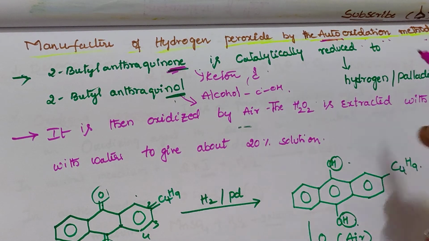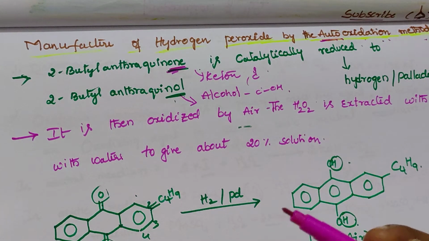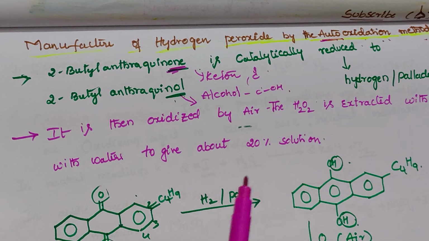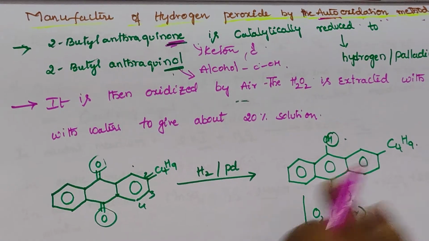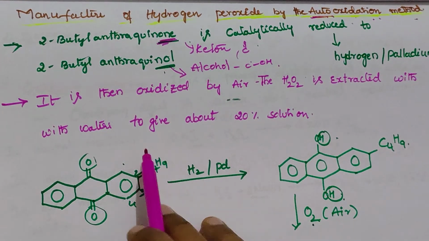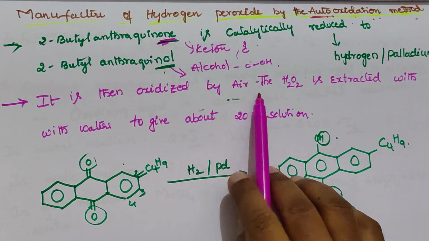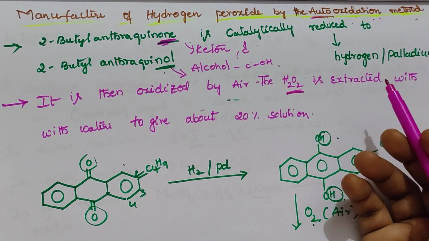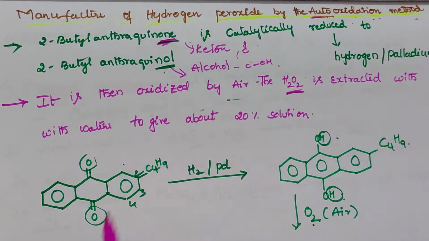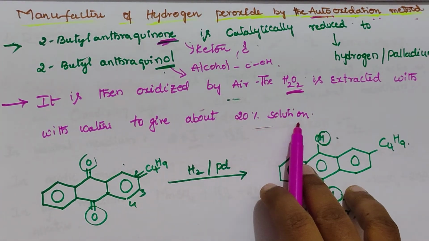The function of a catalyst is to speed up the reaction, but it does not react itself. The anthraquinol is then oxidized by air, which releases hydrogen peroxide, and it is extracted with water to give about a 20% solution.